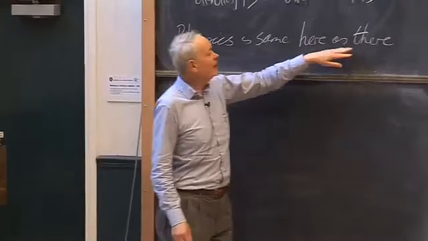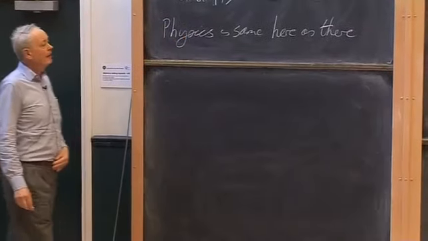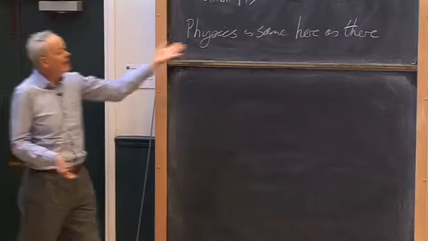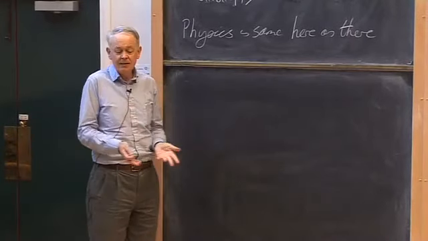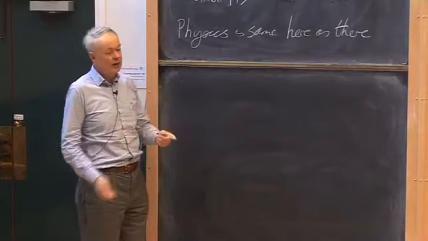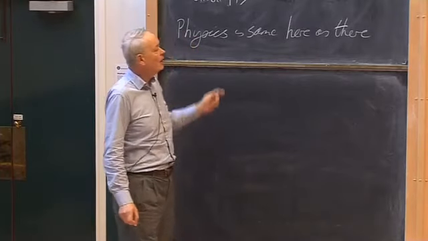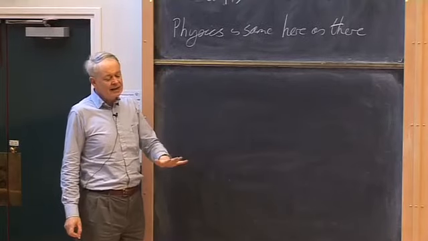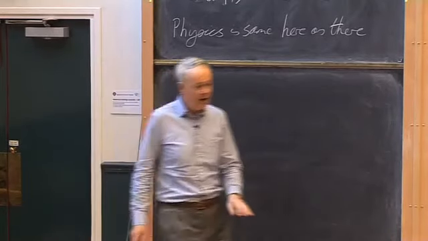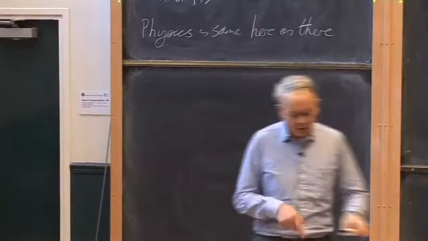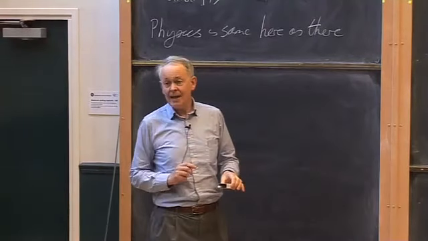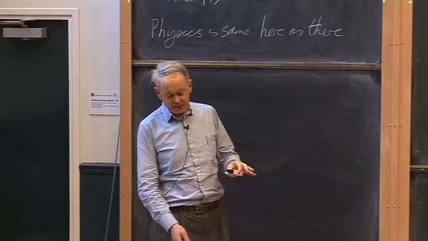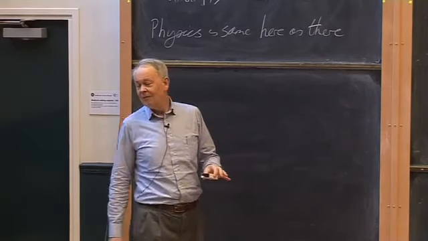This being the same here and there is a statement about homogeneity. So when this is the case, it's a statement about the homogeneity of space. Physicists are of the view that ultimately physics has to be the same here and there, and the reason that the clock evolves on the floor in a different way from on the table is not because of any inhomogeneity of space, but the fact that there's a dirty great planet here.